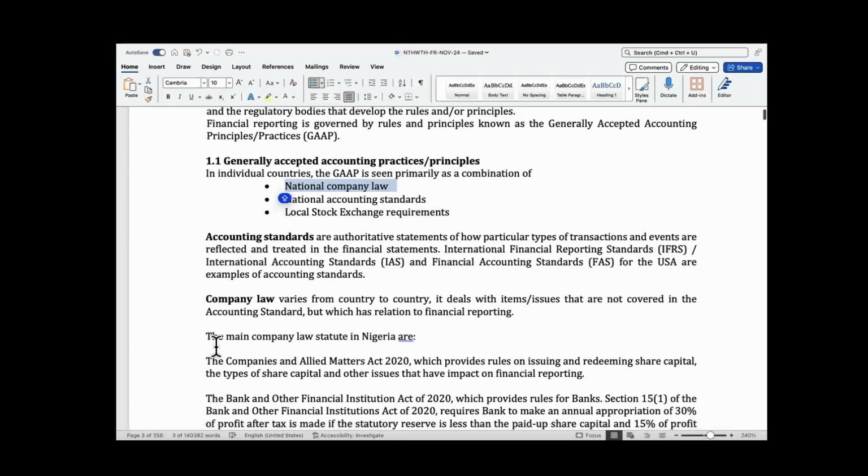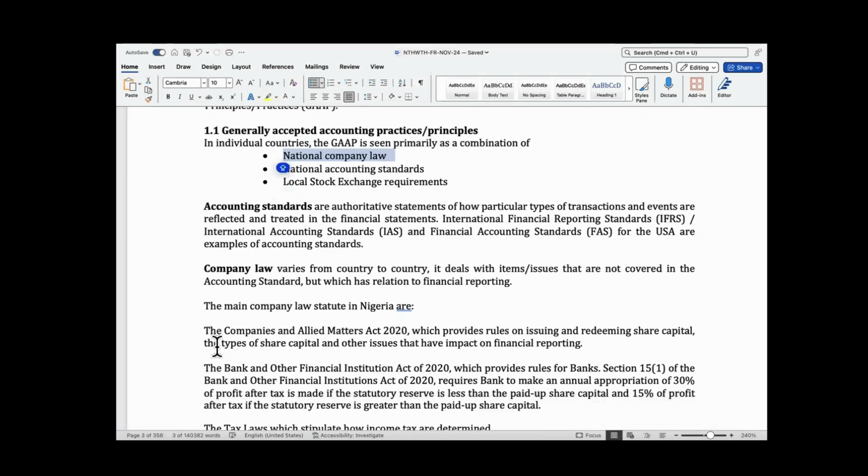What will give you the mark in the exam is giving examples of company laws and why company law is a gap, by telling the examiner that an example of company law is CAMA 2020, and it provides the rules on how we issue and redeem share capital, the types of share capital and other issues like that.